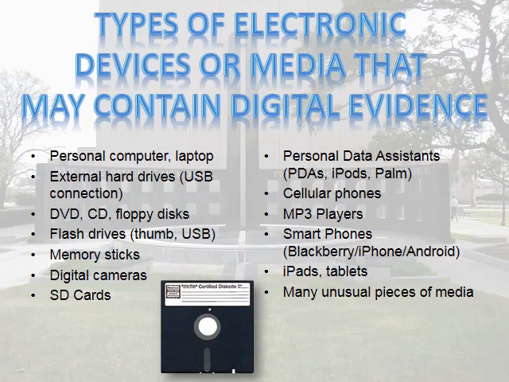The micro drives are so small that if you have multiple micro USB drives, you could fit all kinds of data inside of a shoebox. PDAs, those that exist, including iPods, tablets, cell phones, both BlackBerry, if there are any of them around, and iPhones and Androids can contain multiple amounts of information.